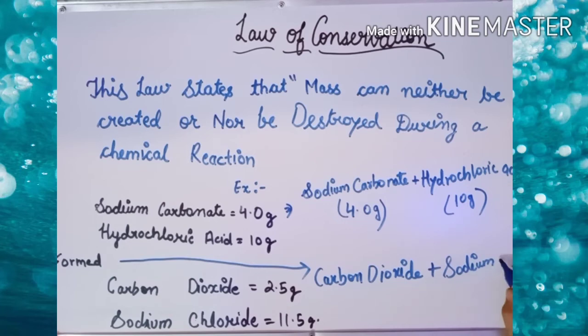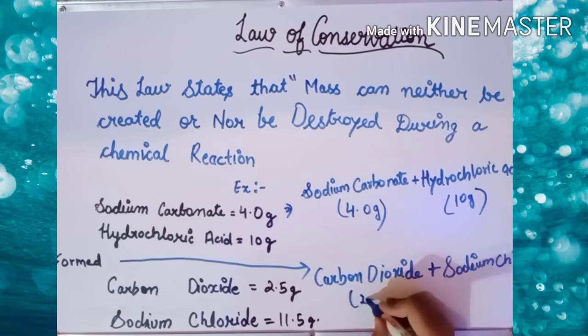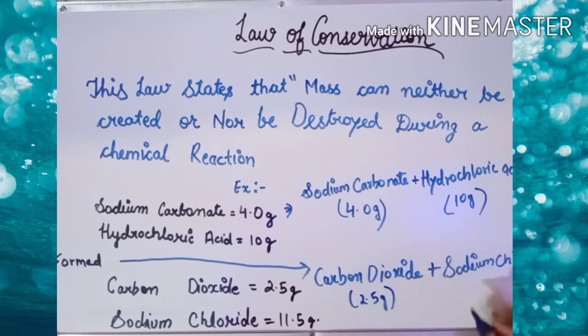Sodium chloride was formed during this reaction, carbon dioxide plus sodium chloride. The values we will note here: 2.5 grams, 11.5 grams. These are both values.